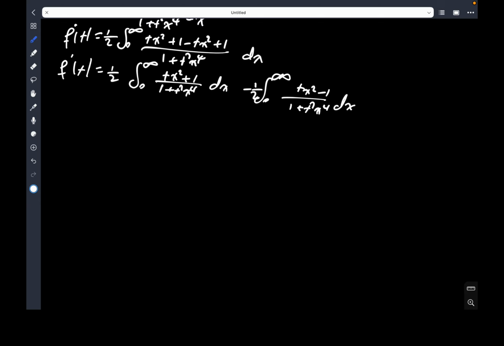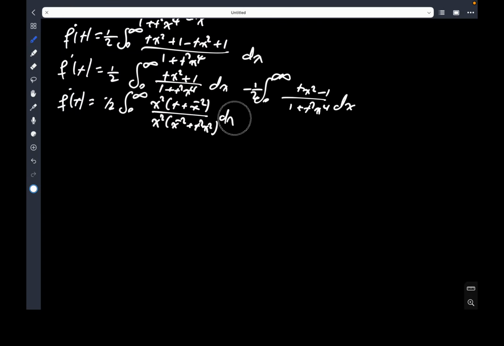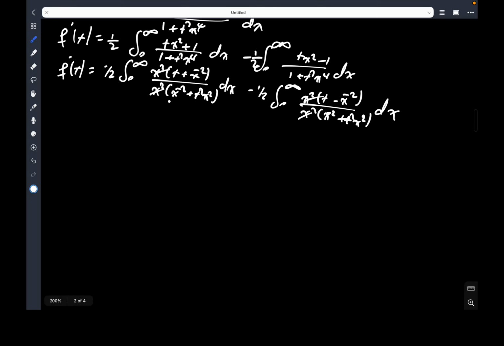Now with the f prime of t, I can factor out the x squared here: x squared times t plus x to the negative 2, and x squared times x to the negative 2 plus t squared x squared dx, minus half the integral from 0 to infinity of x squared times t minus x to the negative 2 over x squared times x to the negative 2 plus t squared x squared dx. These x squareds are going to cancel out.